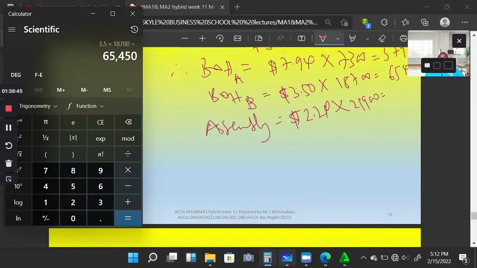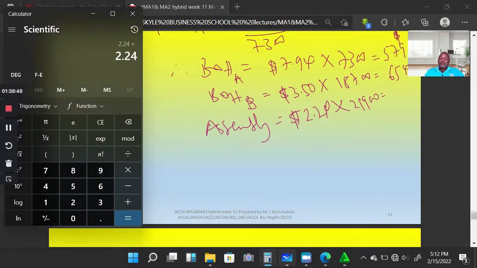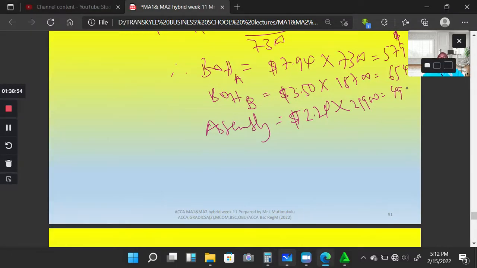That is going to be 224 multiplied by 21,900. That's 49,056.